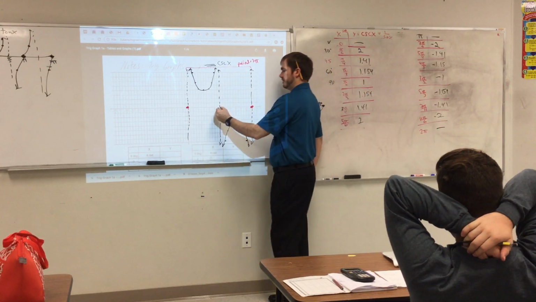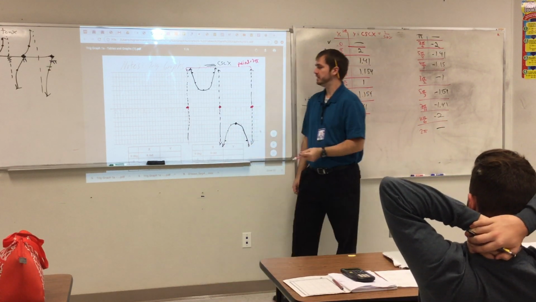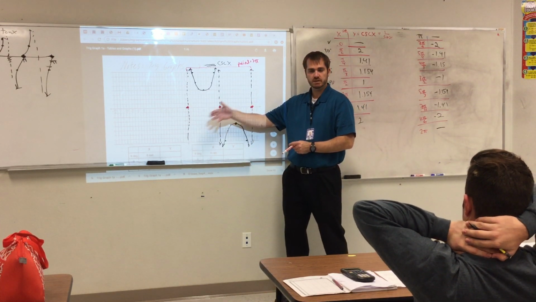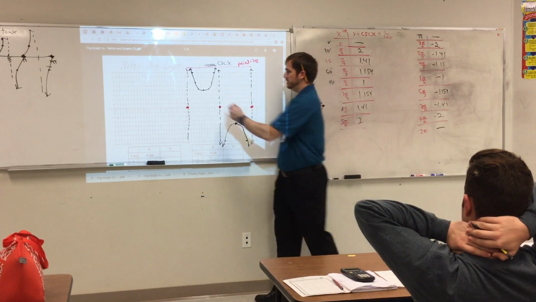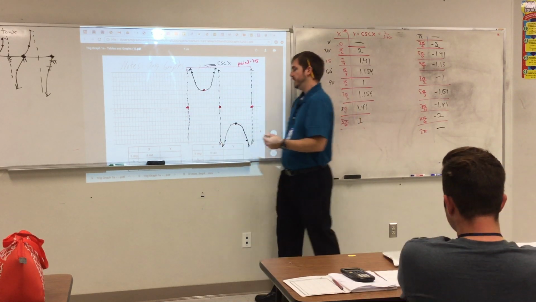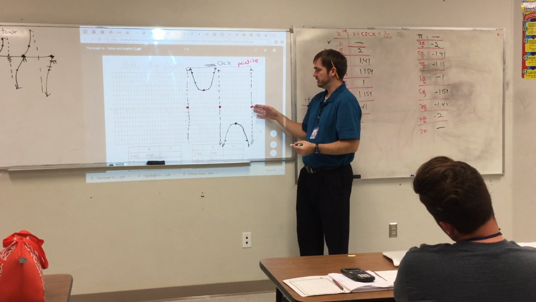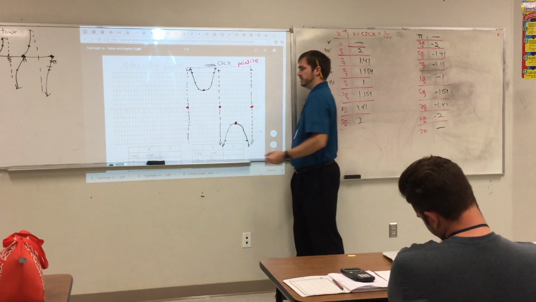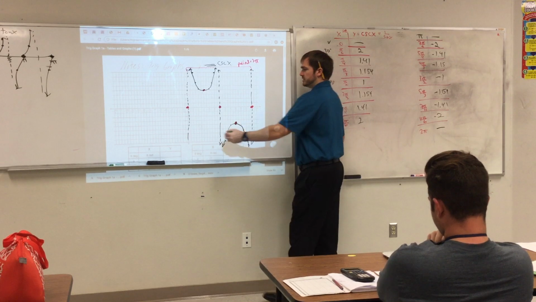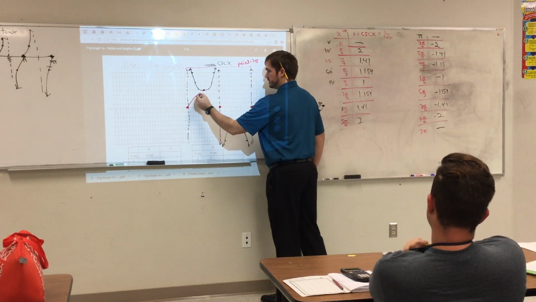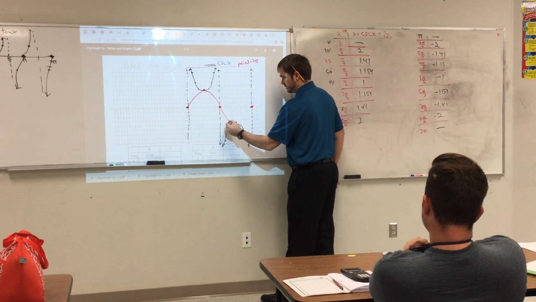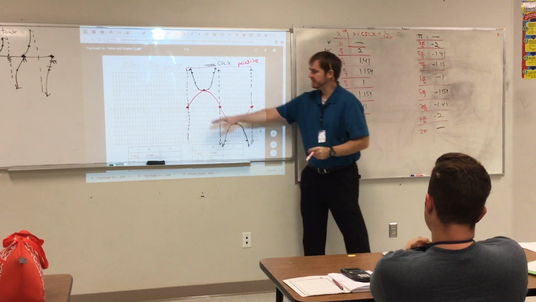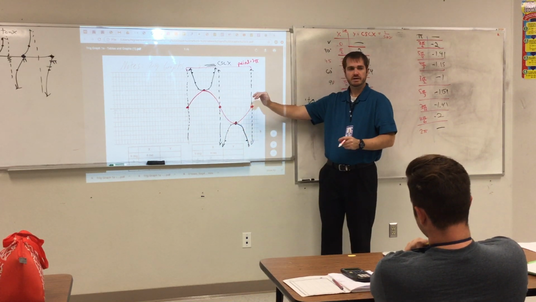Also 0, which happens at pi, exactly. And then at pi over 2, which is exactly in the middle, it's 1. And then over here, 3 pi over 2, it's negative 1. Okay? So, watch this. That's the sine graph, okay?